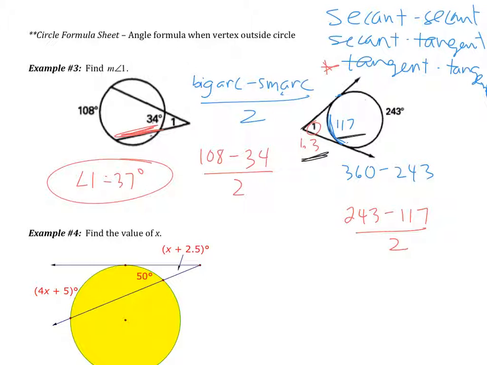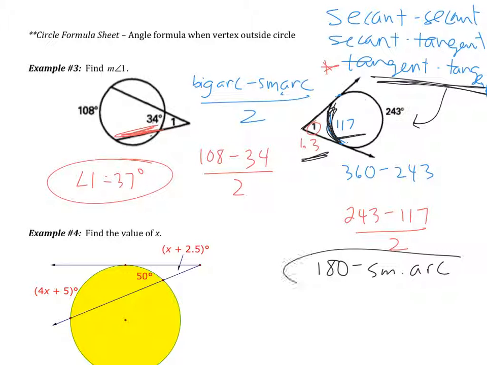Okay. So, new concept. You can always use big arc minus small arc divided by 2, but anytime it's a tangent-tangent situation like you see here, if you know the measure of the small arc, it's always 180 minus the small arc. Always. 100% of the time. Okay? That doesn't mean you can't do the other formula. You can still do it.